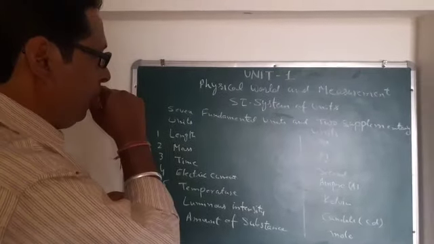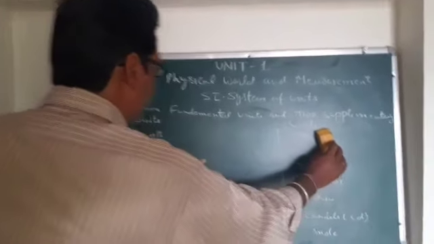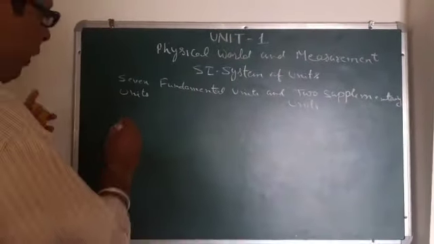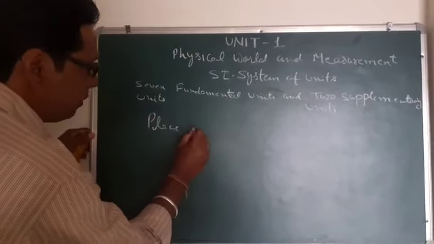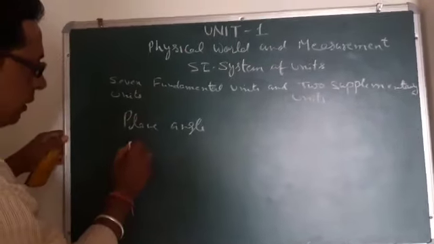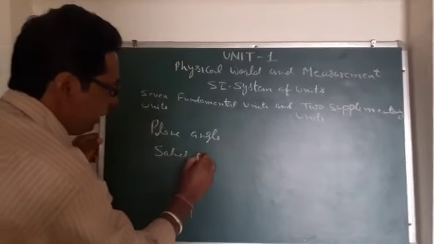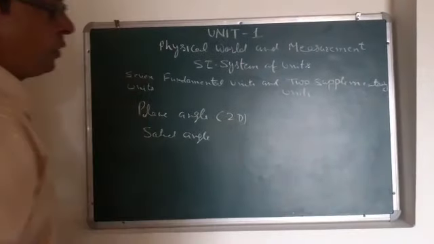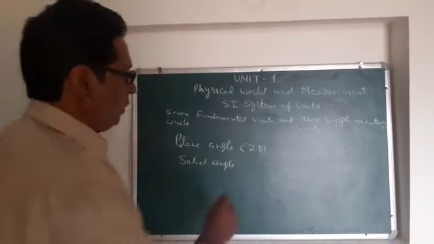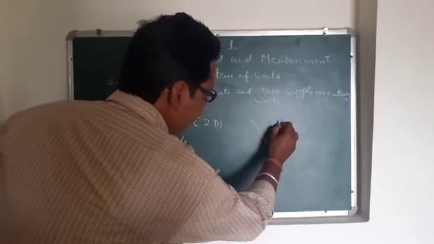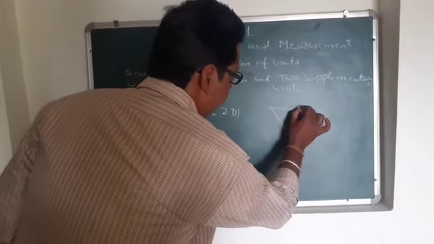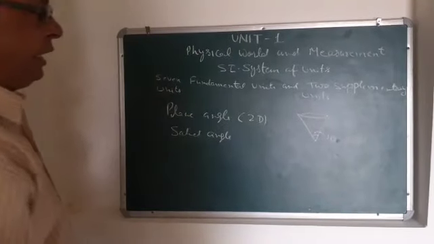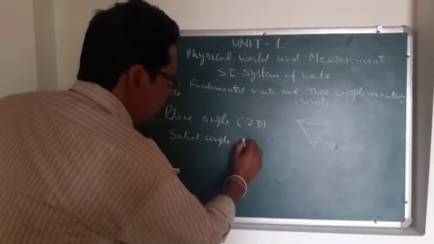Next we have the two supplementary units. One is plane angle and the second is solid angle. Plane angle is a 2D, two-dimensional figure, and this angle is the plane angle, and its unit is radian.